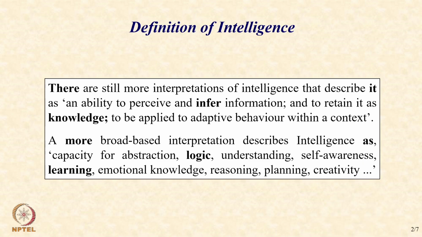A more broad based interpretation describes intelligence as capacity for abstraction, logic, understanding, self awareness, learning, emotional knowledge, reasoning, planning, creativity, and so on. I mean, you can keep adding words of similar type, similar interpretations, they will all fall under the basic category of intelligence.